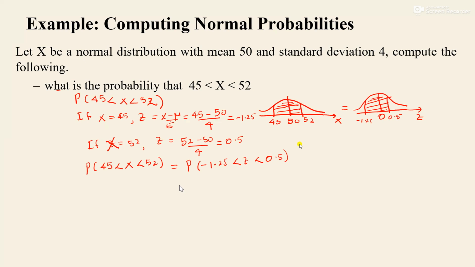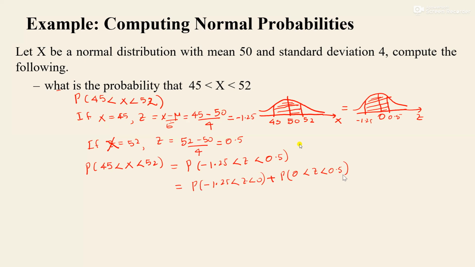So this one you can separately write: probability of minus 1.25 less than z less than 0, plus probability of 0 less than z less than 0.5. We are writing first this area left of 0, then right of 0, right?